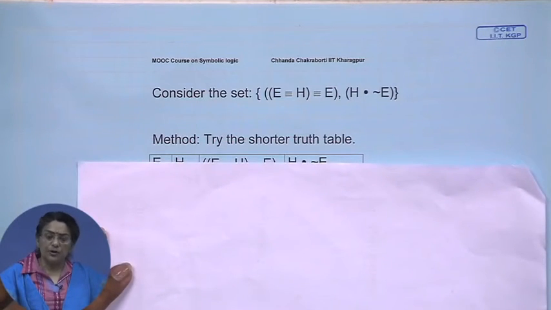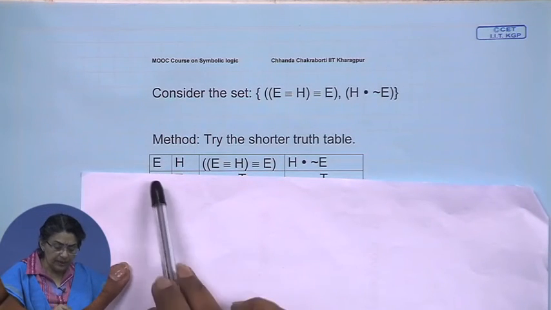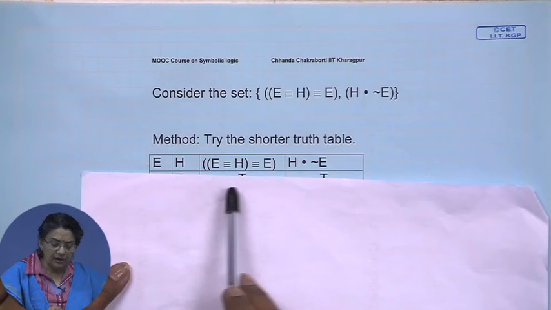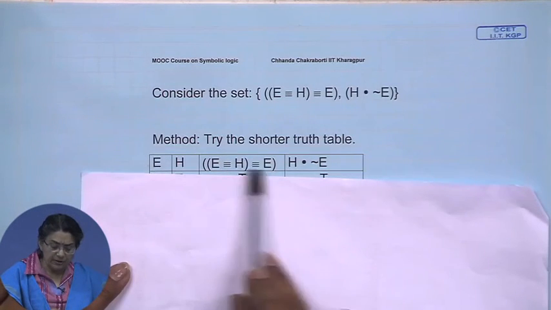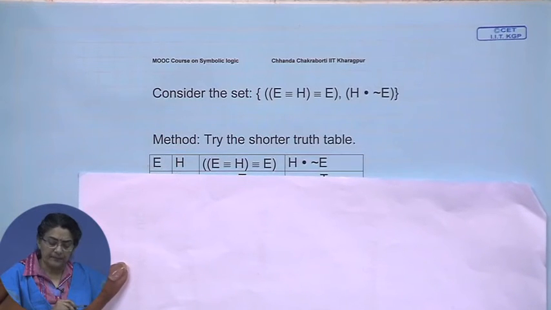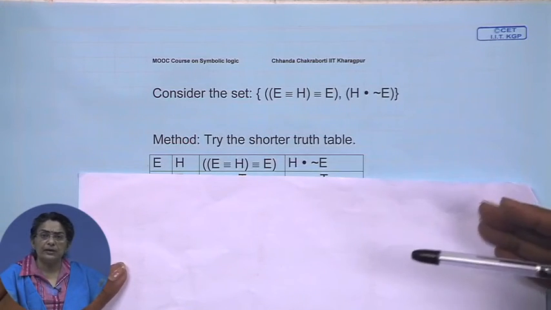If you are doing the shorter truth table, then here are the column heads for the shorter truth table. You are going to have the reference column, and one each for the members. So, here is the first member, here is the second. And by now, if you know how to do the shorter truth table, you can do it very quickly and easily.